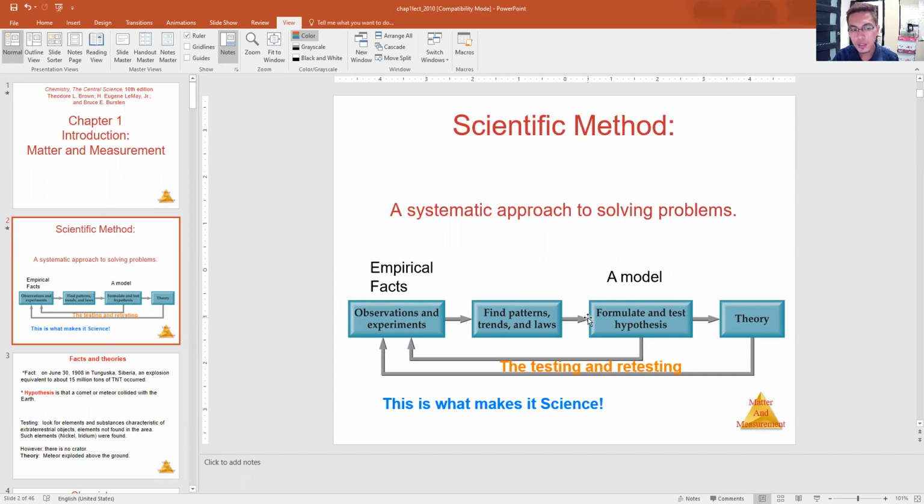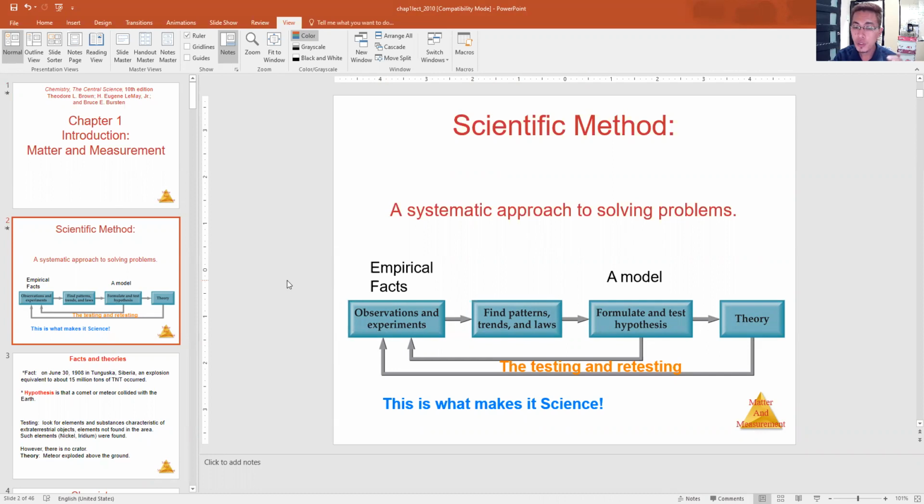So is that the end? No. It's a cycle. From the theory, it goes back to another observations and experiments to prove the existence of that specific theory. That is the scientific method.